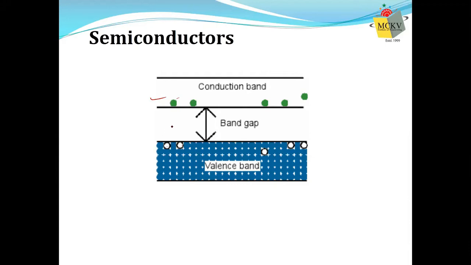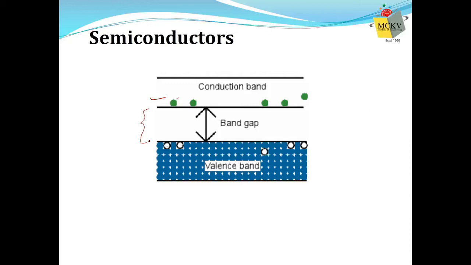But the energy separation, the band gap for semiconductor is relatively smaller with respect to insulators. That means whatever energy band gap was there for insulator, in case of semiconductor, that band gap is much smaller.